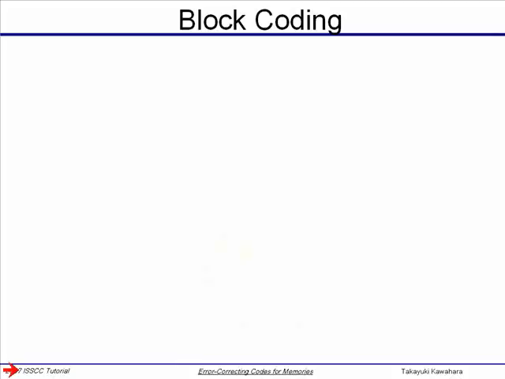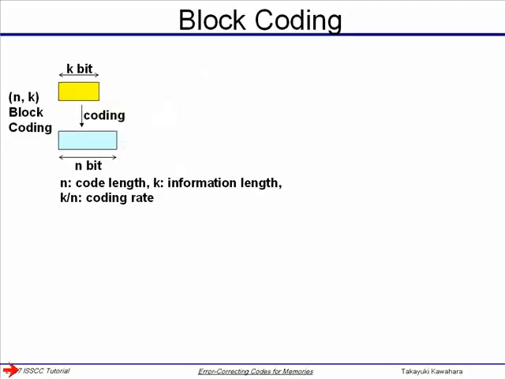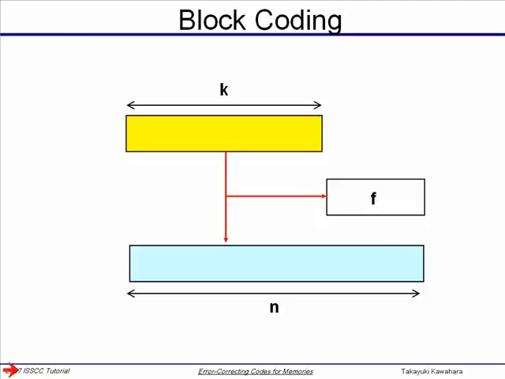Then we look further at block coding. To simplify the story, we only think about one k-bit block coded to n bits. There are many kinds of block coding, but a very simple way is to prepare some function that creates extra information using these k bits.